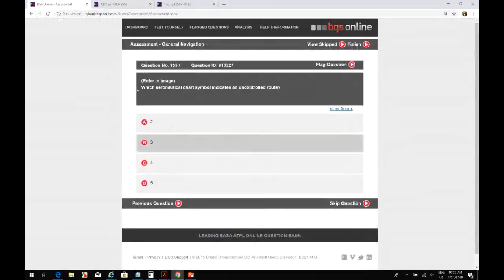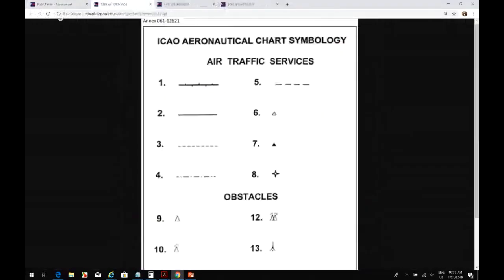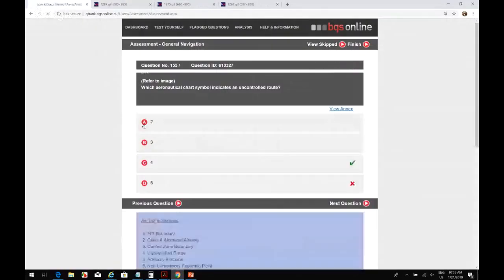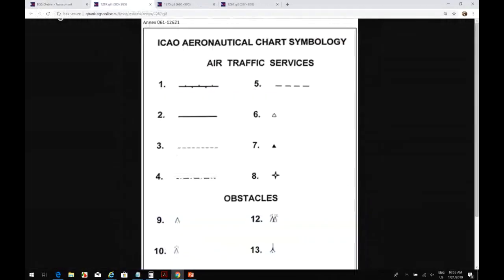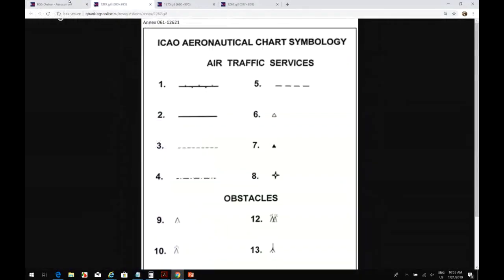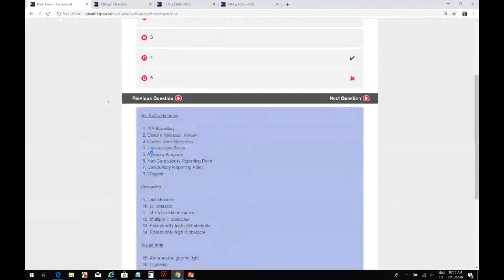And an uncontrolled route. FIR, uncontrolled route. What is that, 5? Let's try 5. No, it's 4. So 4 is an uncontrolled route. Okay, let's look at the summary here. FIR boundary 1, Class A airspace. Control zone boundary is 3. 4 is advisory airspace.